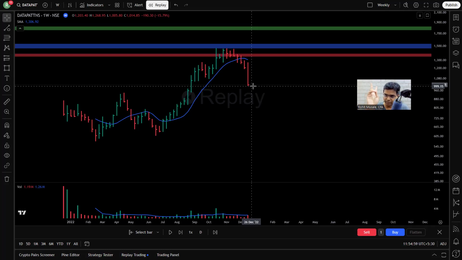Remember the two statements? Number one, most winners don't correct more than 8% below the correct pivot buy point. Number two, most winners don't close below the correct pivot buy point. This is from How to Make Money in Stocks, written by William O'Neill, chapter 11, page number 261, fourth edition.